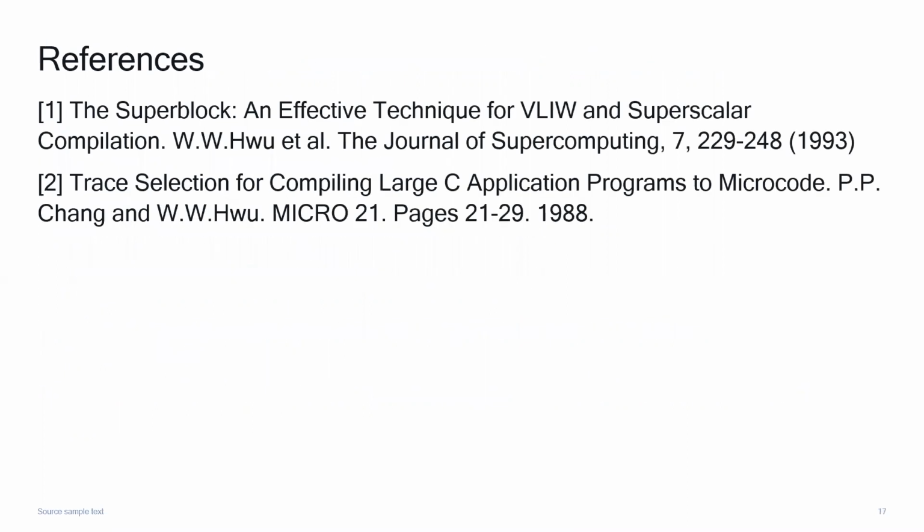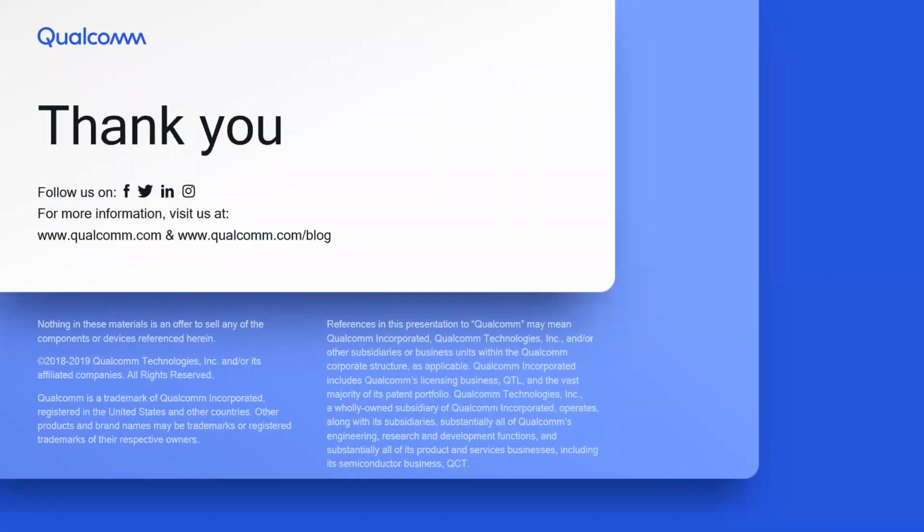These are the references to the original papers. We just made some changes that we described in the slides in order to make it relevant to embedded processors. Thank you very much for your time. Is there any specific question that you have?